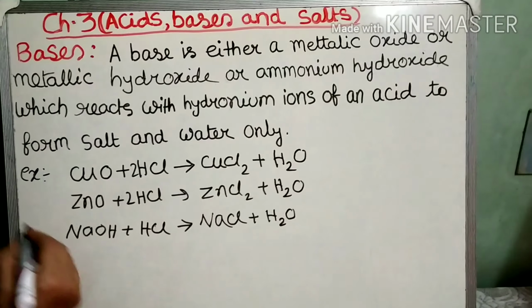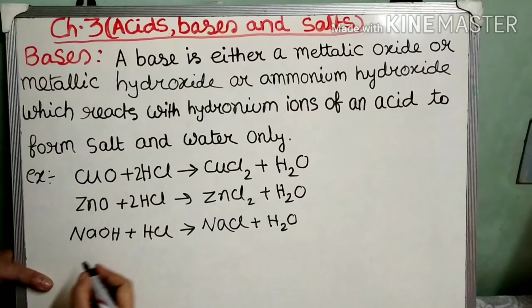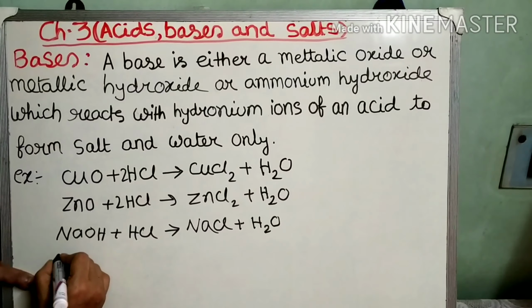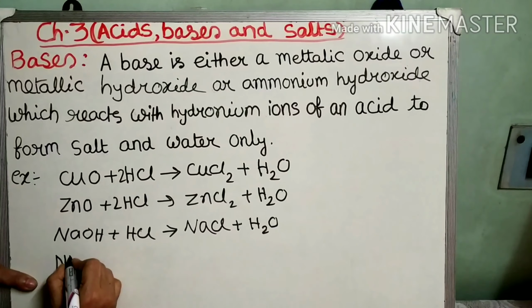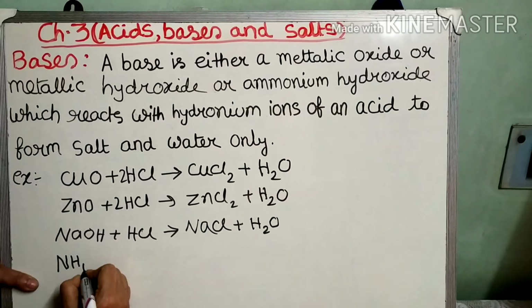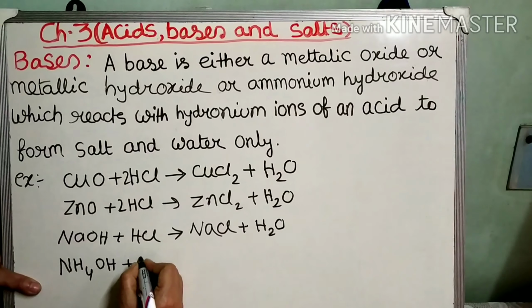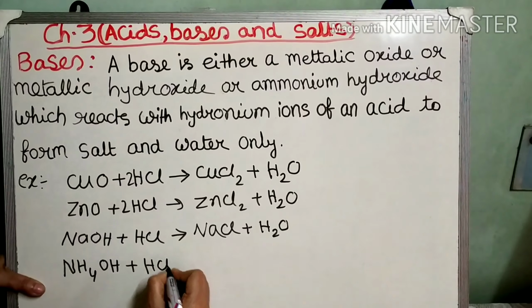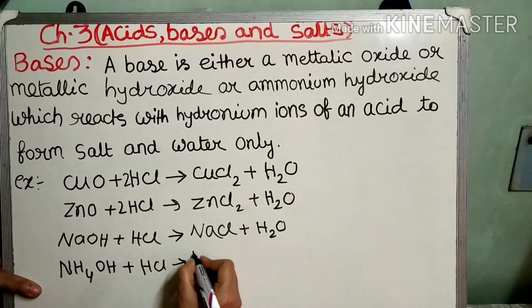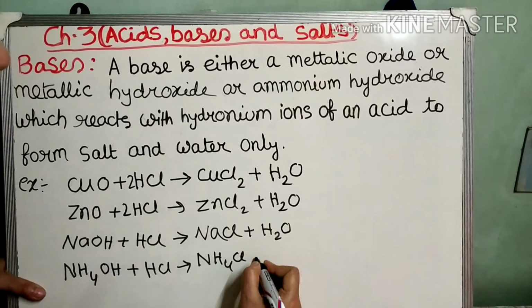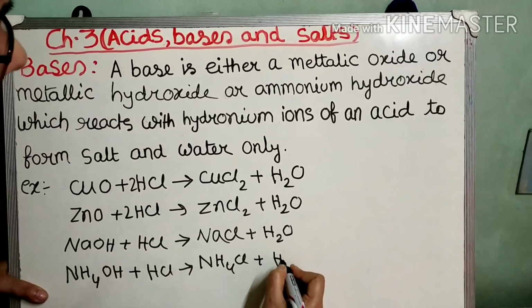Ammonium hydroxide, NH4OH, when it reacts with the hydronium ion of an acid, forms salt and water. When it reacts with HCl, then NH4Cl plus water is formed.